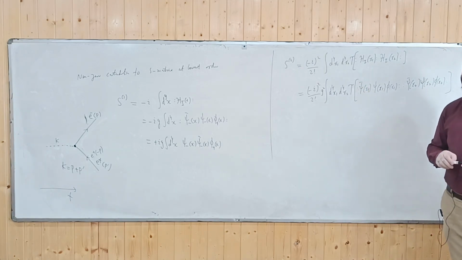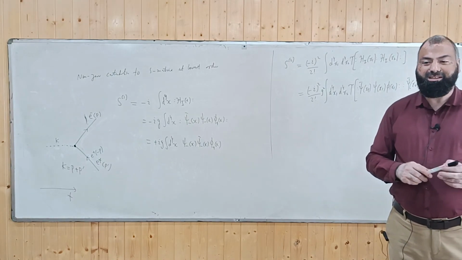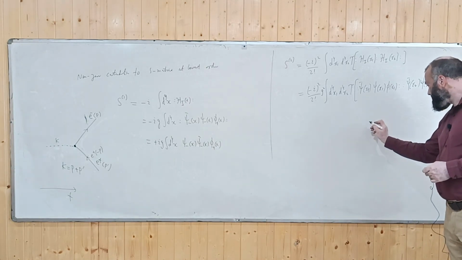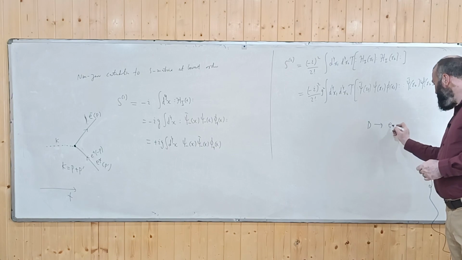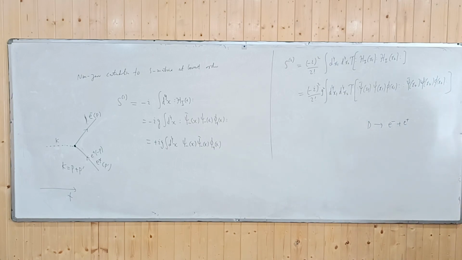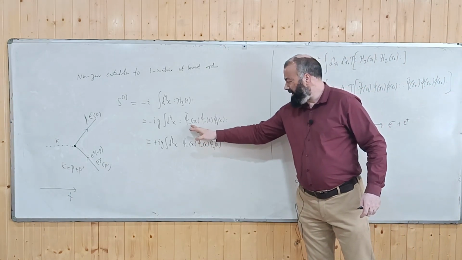Now let's look at this term, whether this contributes to our S matrix or not, whether this represents the given process or not. What is our process? B goes to, so that means I have 3 particles. When you have 3 particles in the process, how many fields do you require to describe this process? 3 fields. Look here, how many fields do I have? 1, 2 and 3.